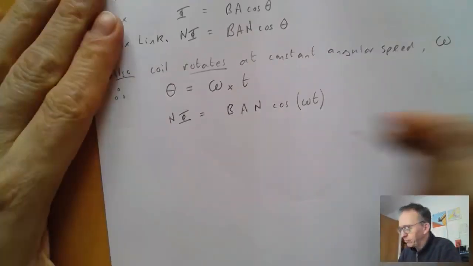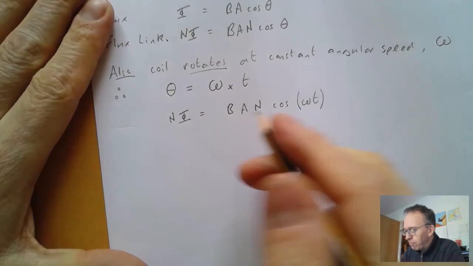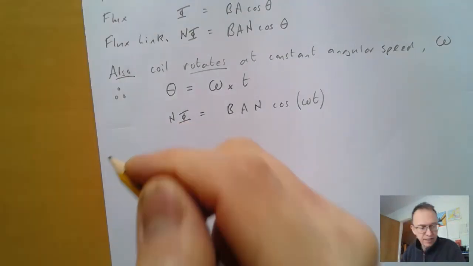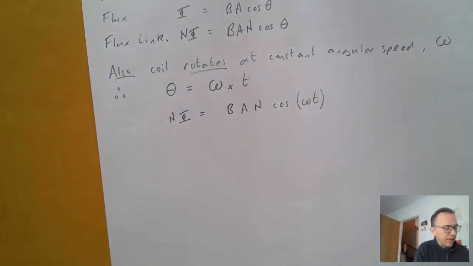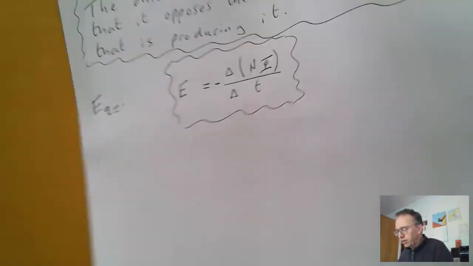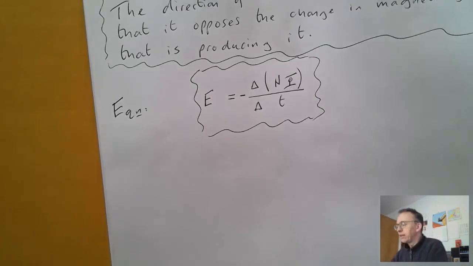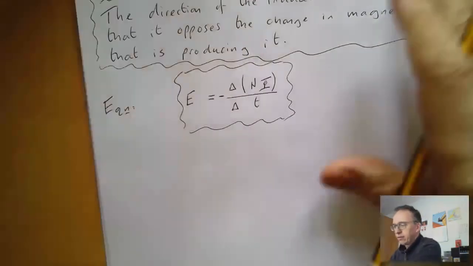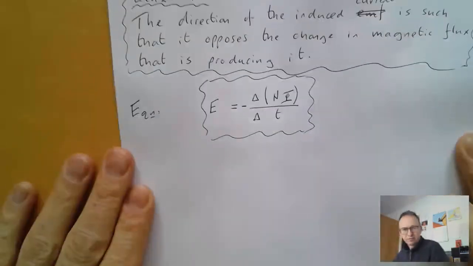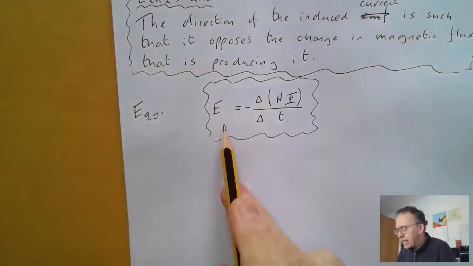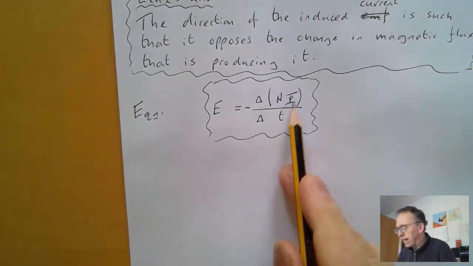Okay. Well, do you remember earlier that we noted that E was equal to minus delta N phi over delta t?